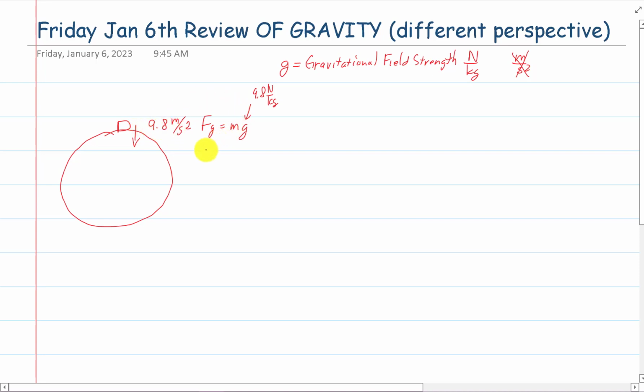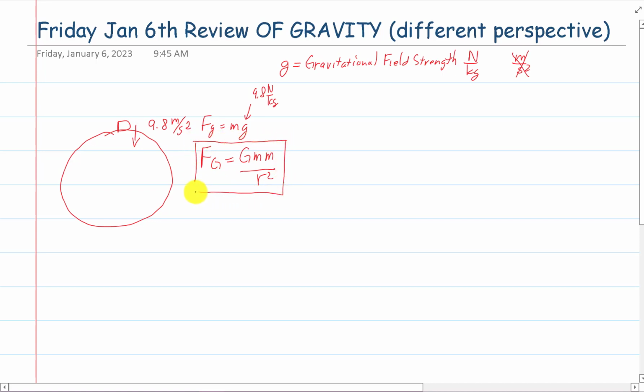Okay, now there was another way we learned how to calculate gravity, and that was G, capital G, m1 m2 over r squared. That was the same gravitational force, just calculated a different way. Why did we have to introduce this?